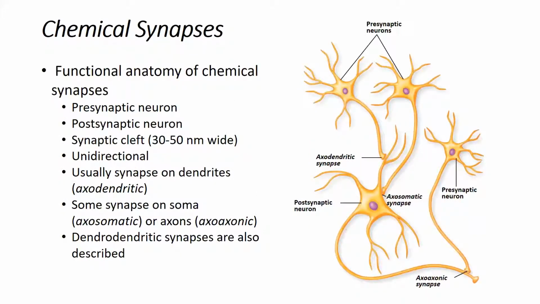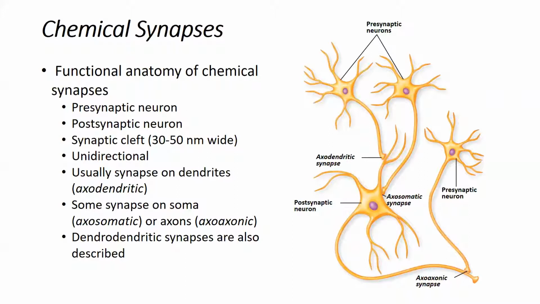Let's talk about the chemical synapse. So the chemical synapse is pretty much what we drew, what we discussed as that initial interaction between two neurons. There's a presynaptic neuron and a postsynaptic neuron. Now, this is usually an axodendritic synapse, as we mentioned earlier, where the axon terminal of one neuron synapses with the dendrites of a neighboring neuron.